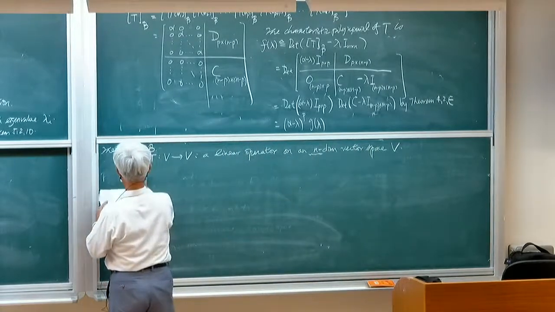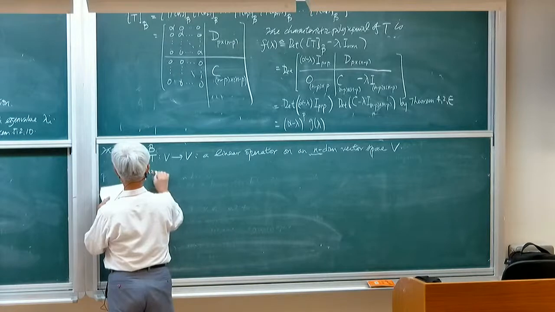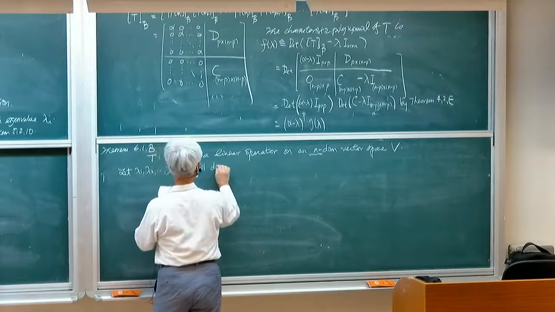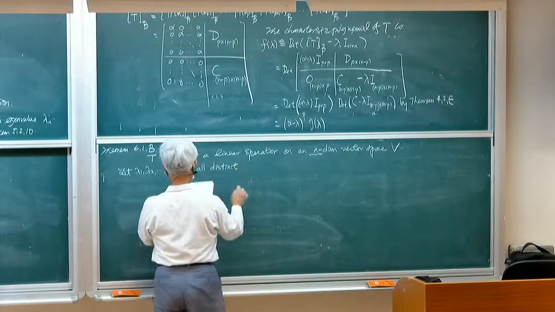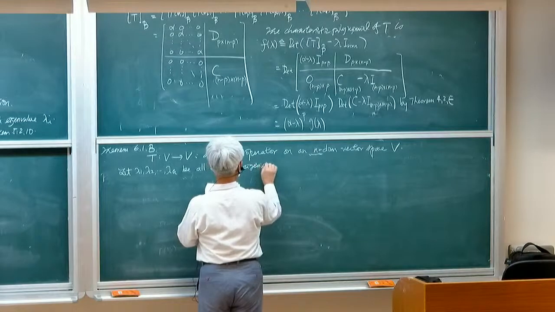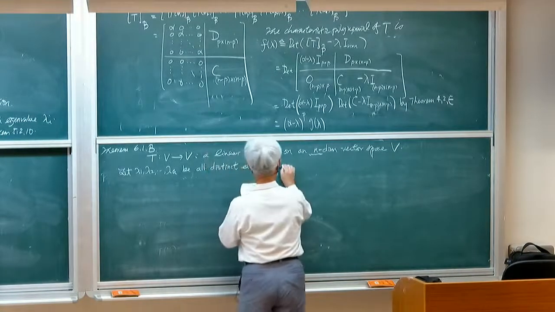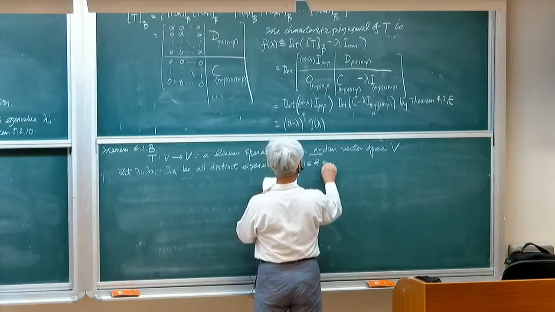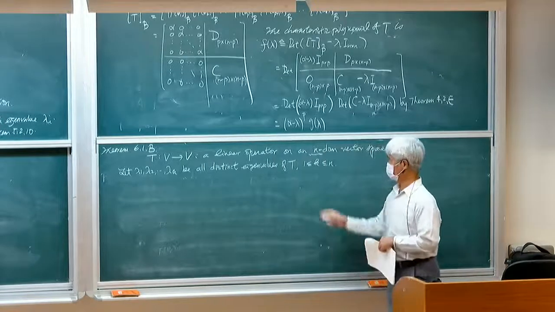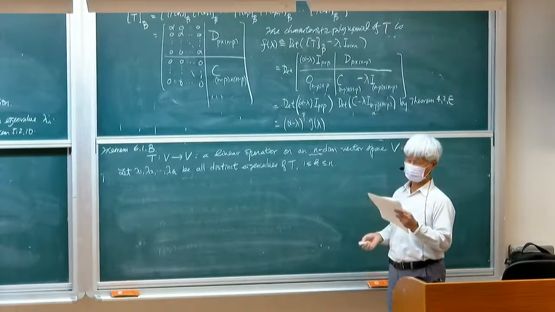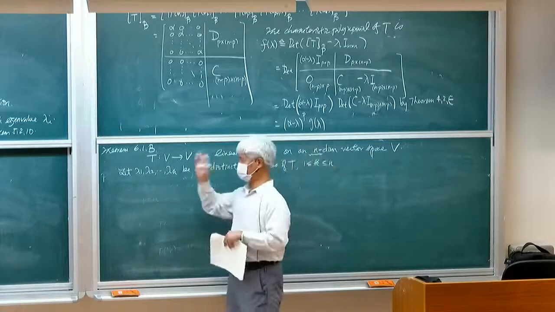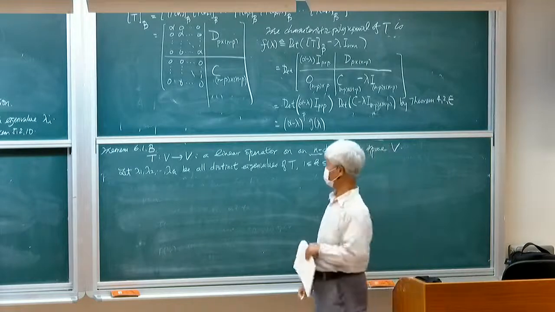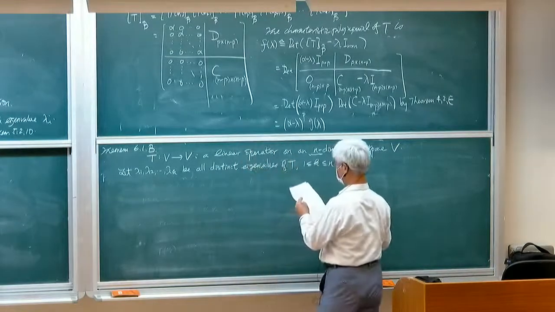All right, and then let lambda 1, lambda 2, up to lambda k be all distinct eigenvalues of T. And of course, the number of distinct eigenvalues can be from 1 to n. Oh, maybe 0. Okay, if 0, then you have nothing to say. Okay, so just say we have at least 1.